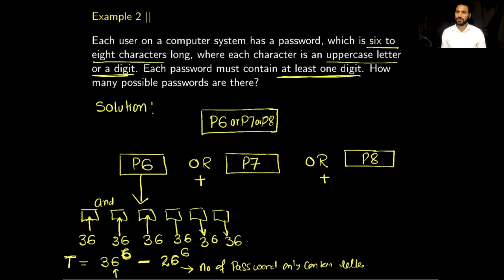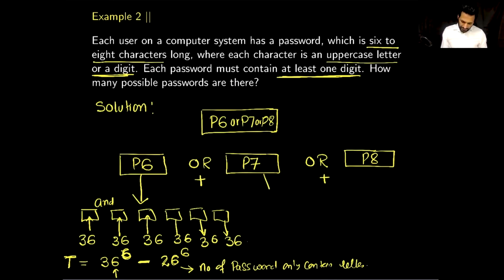this will give me the total number of ways a password which is 6 characters long will have at least one digit, because we removed all those ways which contain no digit, or which contain all letters. So 36 to the power 6 minus 26 to the power 6 is the number of ways which will contain at least one digit.